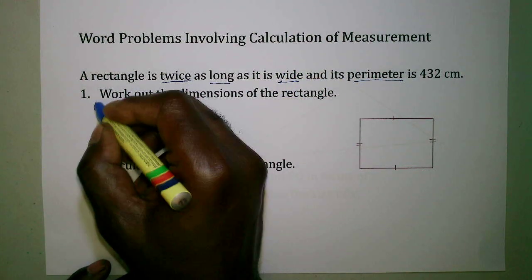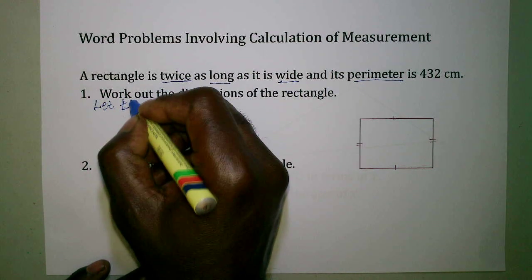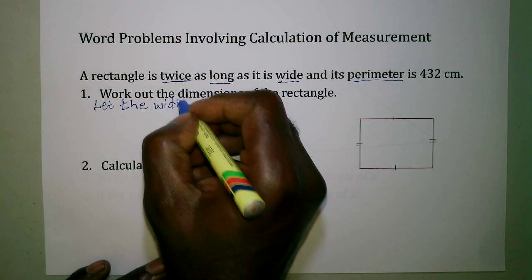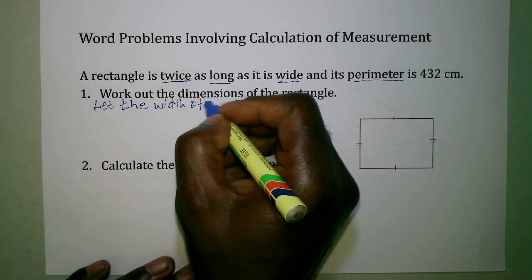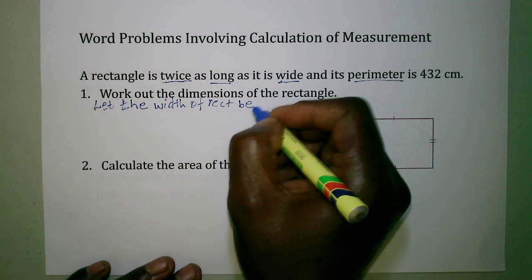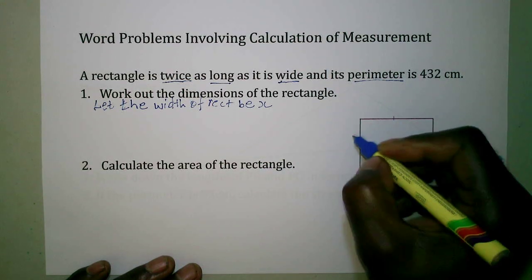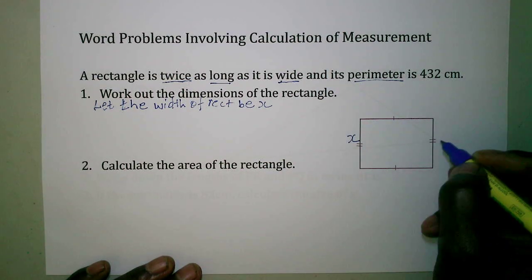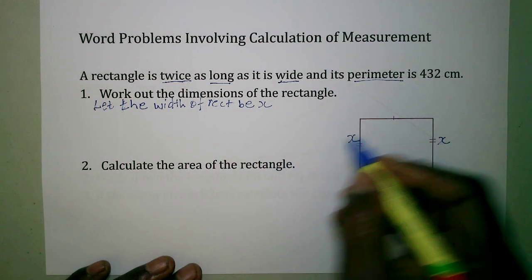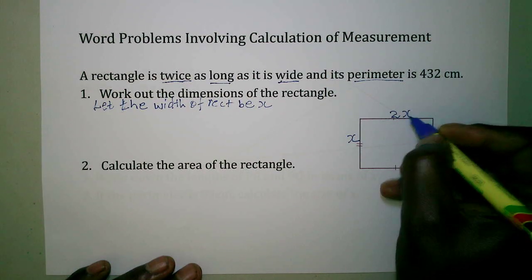Let the width of the rectangle be x. Okay, so this is the width, and it said the length is twice the width.